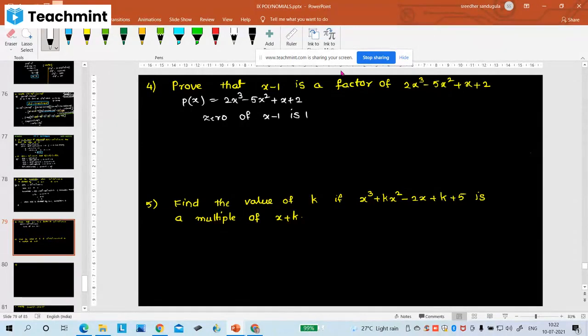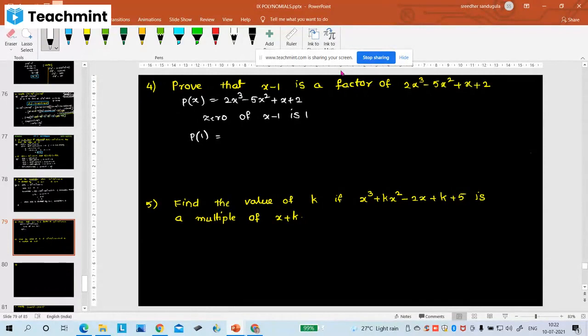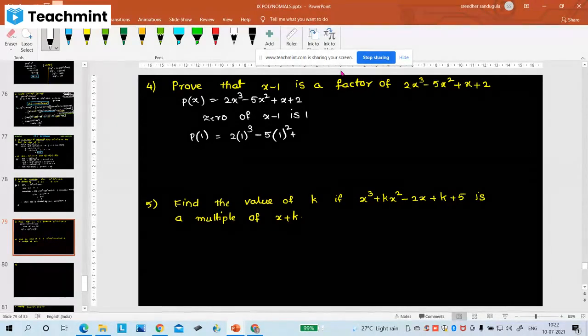So now we need to prove that P of 1 is 0. Don't write P of 1 directly as 0, because it is not given. We have to prove that it is a factor. That's why P of 1 equals, in the place of x, you substitute 1: 2 into 1 cube minus 5 into 1 square plus 1 plus 2.